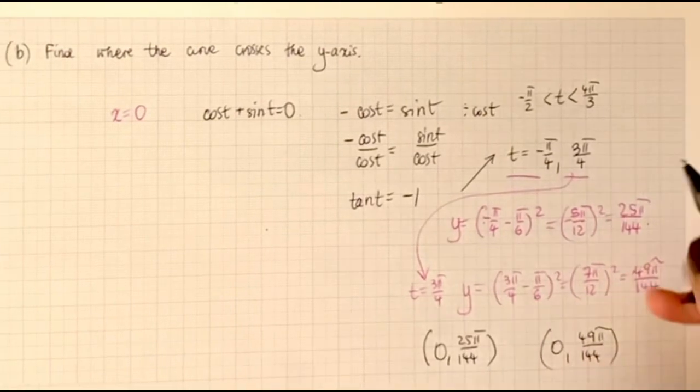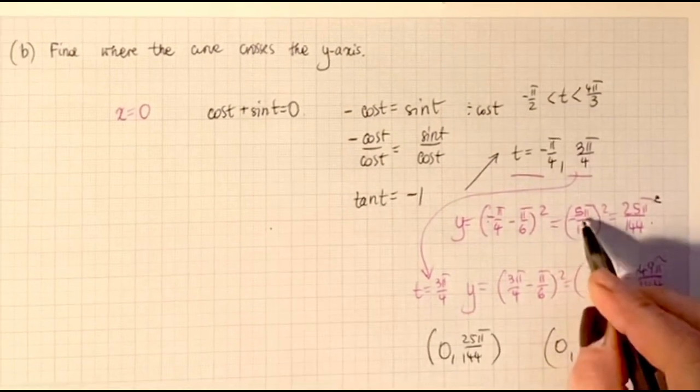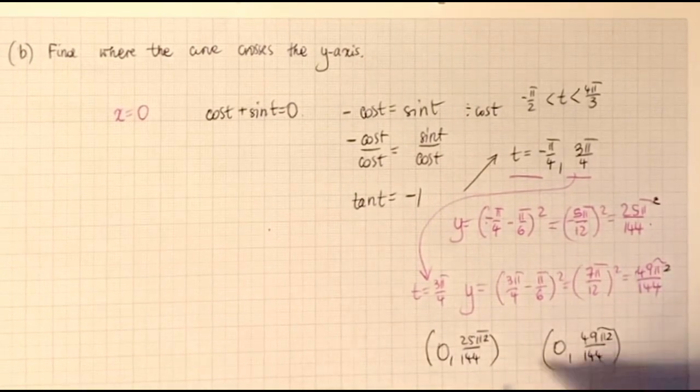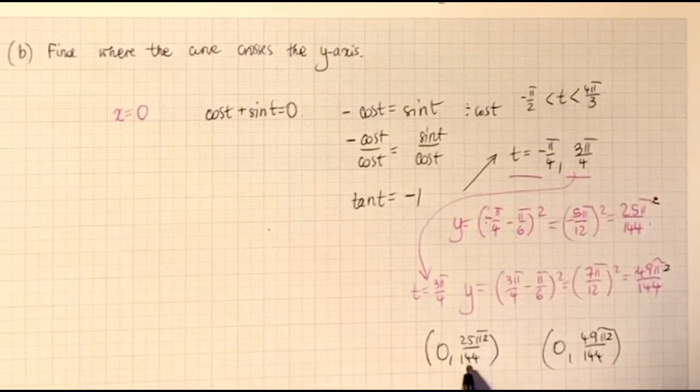Of course, we've got pi squared because pi will get squared. So the answers will be 25 pi squared over 144 and 49 pi squared over 144 as our solutions. So now you can move on to exercise 80.